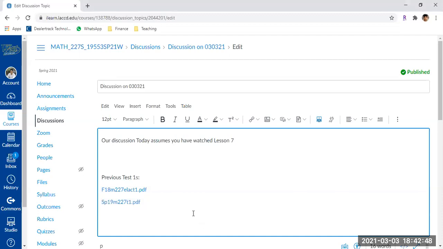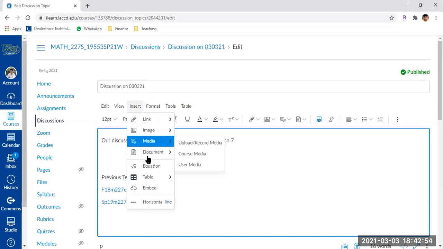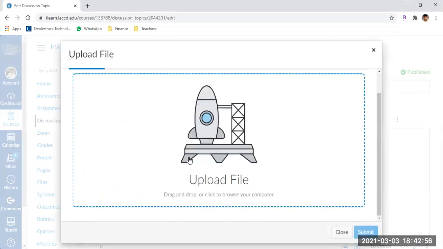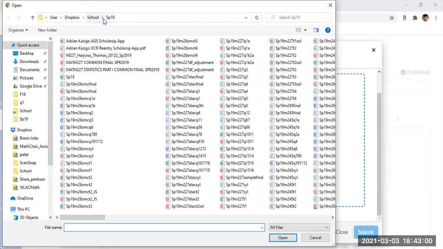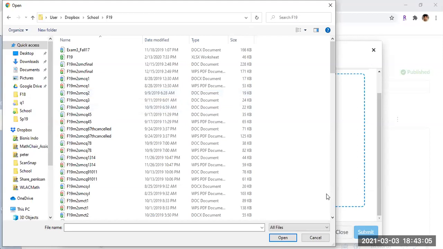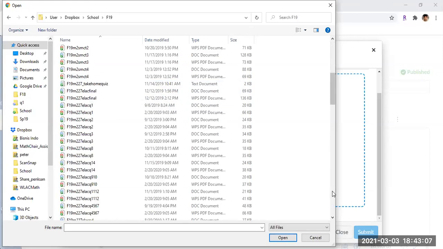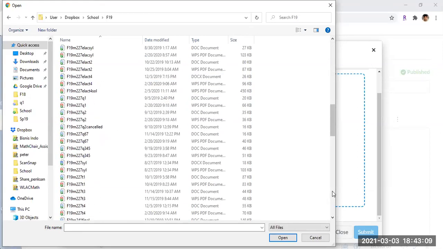Would you like one from spring 20 or maybe fall 19? Let me see if I have fall 19. It could be just the same test though, I'm not sure, because sometimes I just copy paste my tests.